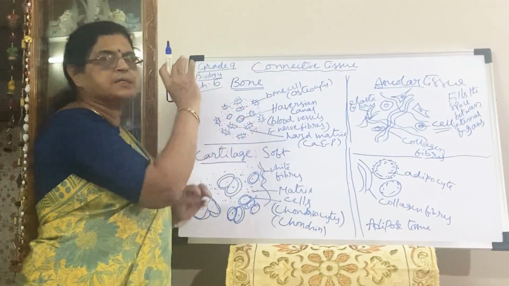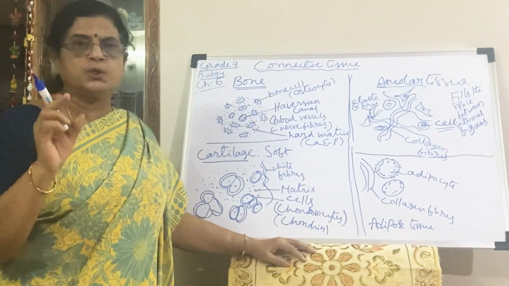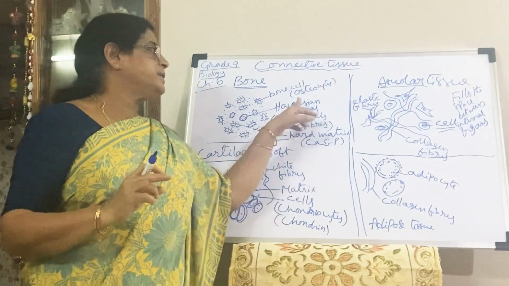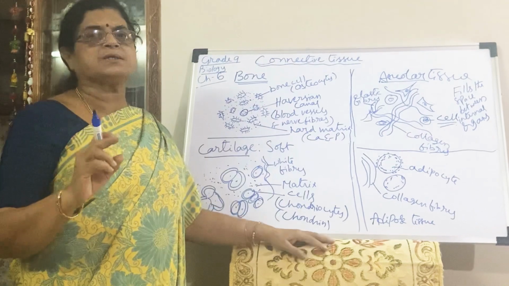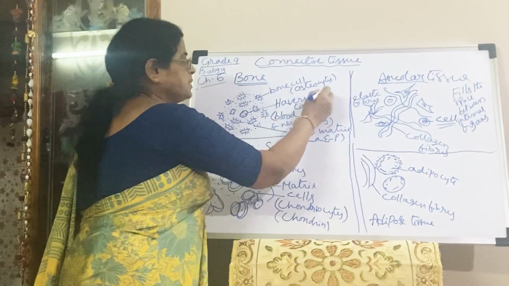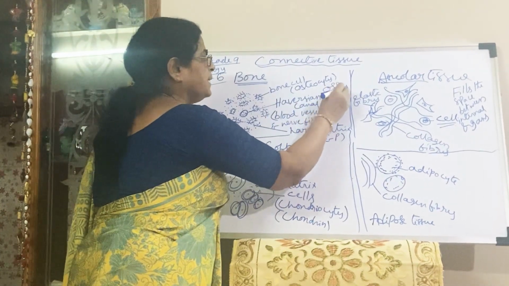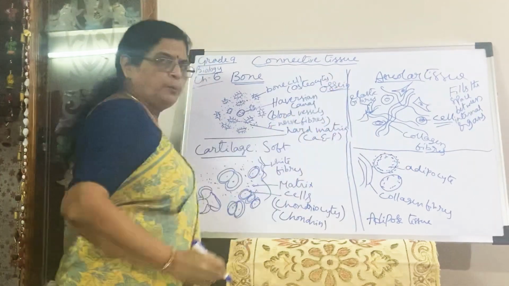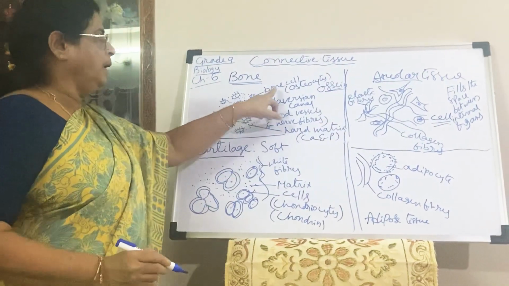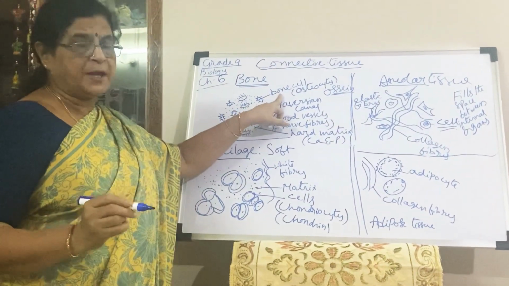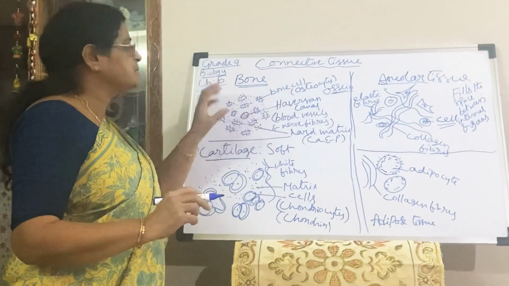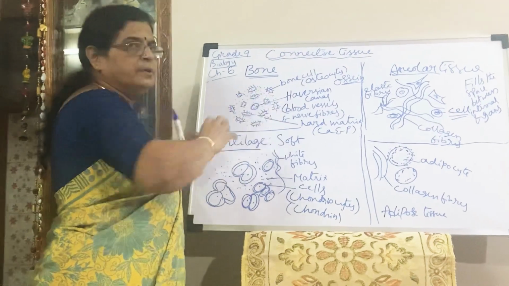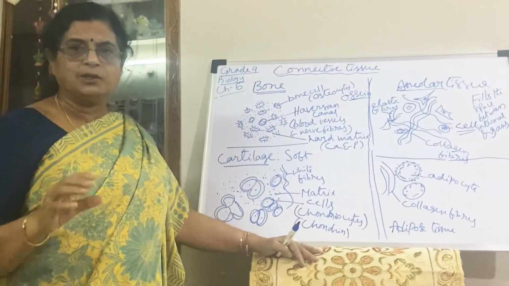The bone cells are called osteocytes. And the bone protein is called ossein. See here, bone is a hard substance made up of calcium and phosphorus, and the matrix of the bone is made up of calcium carbonate and calcium phosphate.